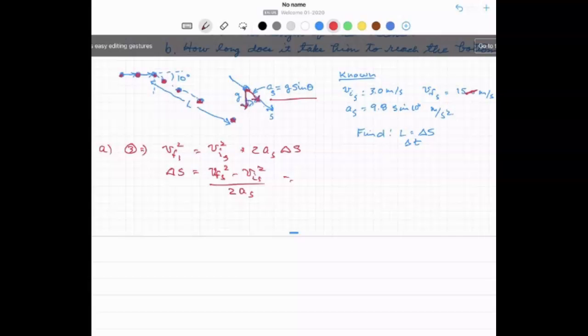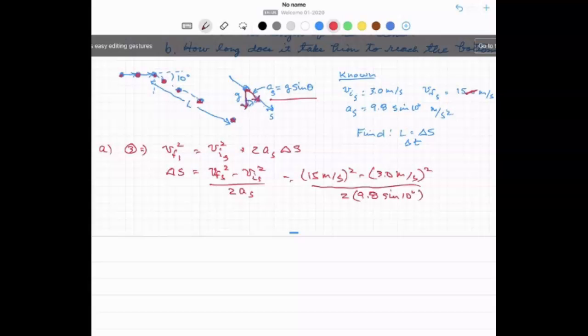So we have 15 meters per second squared minus 3.0 meters per second squared over 2 times the acceleration, which is 9.8 times the sine of 10 degrees.